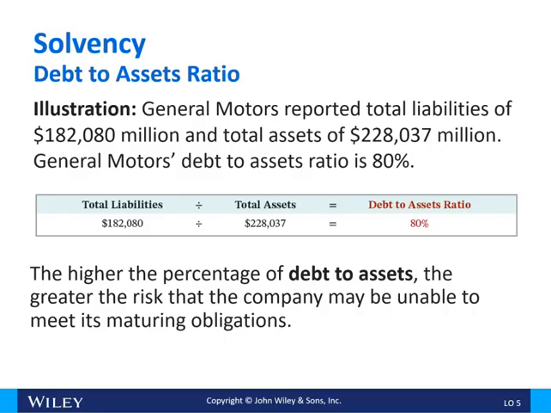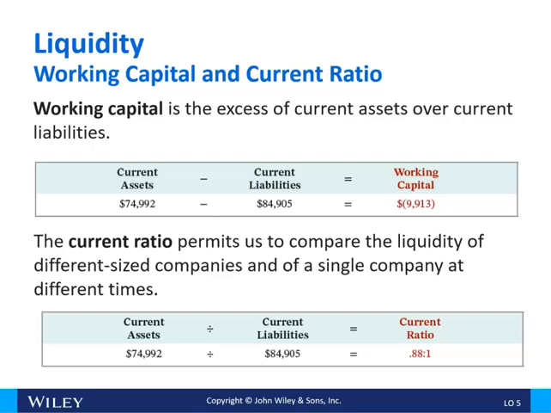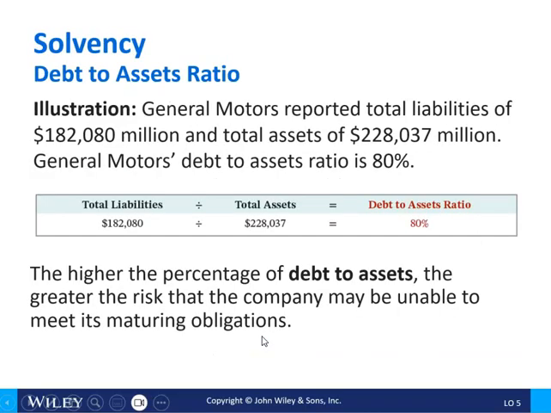The higher the percentage of debt to assets, the greater the risk the company may be unable to meet its maturing obligations. So a quick difference here. Current ratio was current assets divided by current liabilities. The debt to assets ratio is liabilities divided by assets.